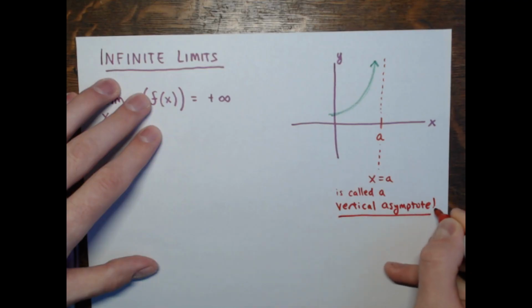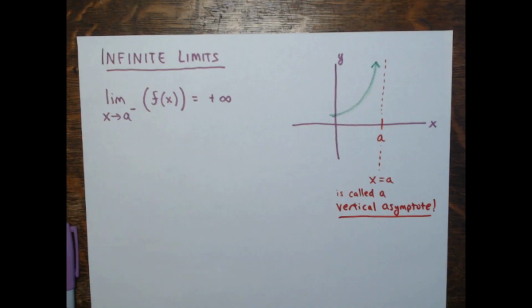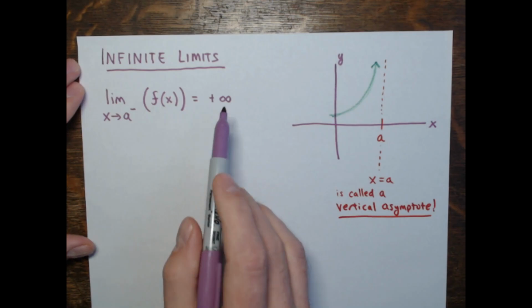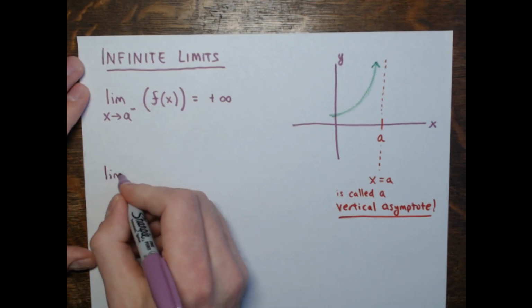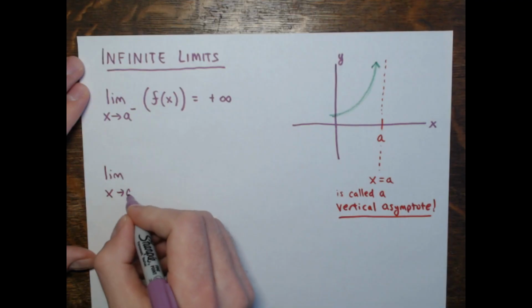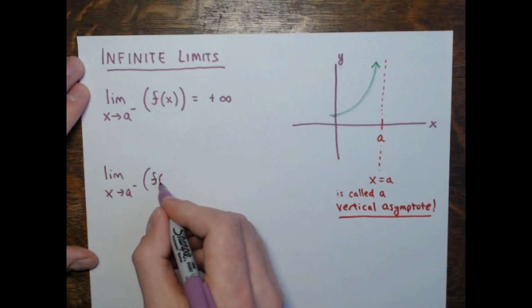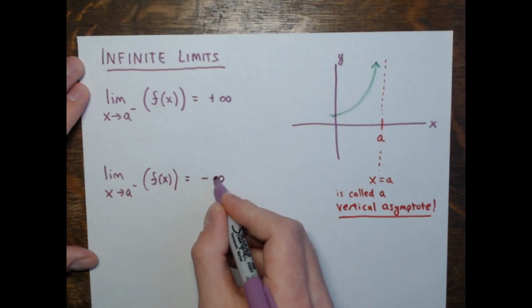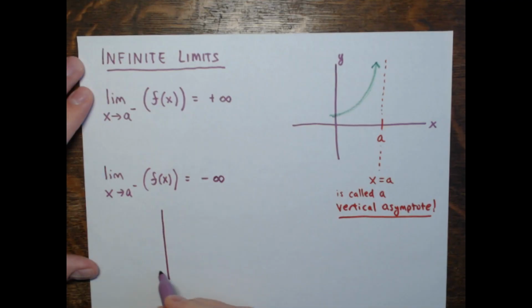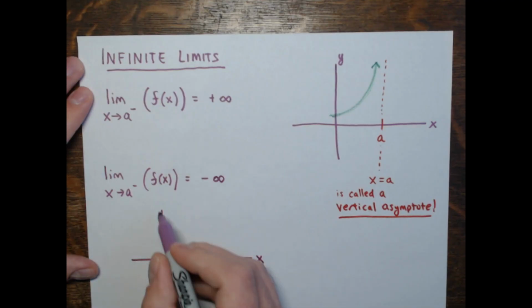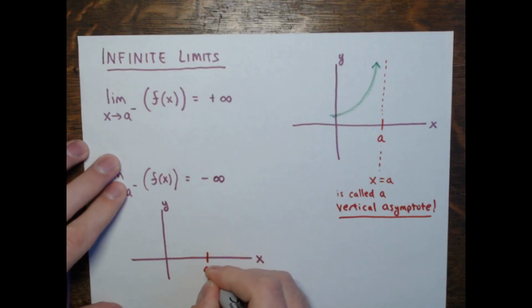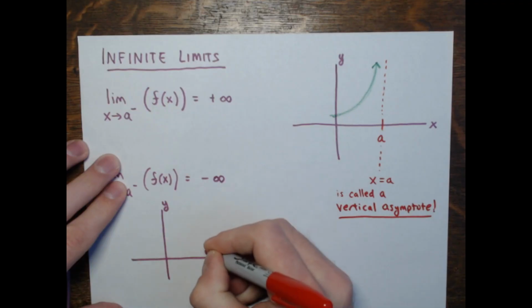All right, so this comes up on occasion. I could have the left side limit approach positive infinity, or I could have the left side limit of some function approach negative infinity. If you see this, it means the following graphically. Here's x equals a, and I'll make a little vertical dotted line.